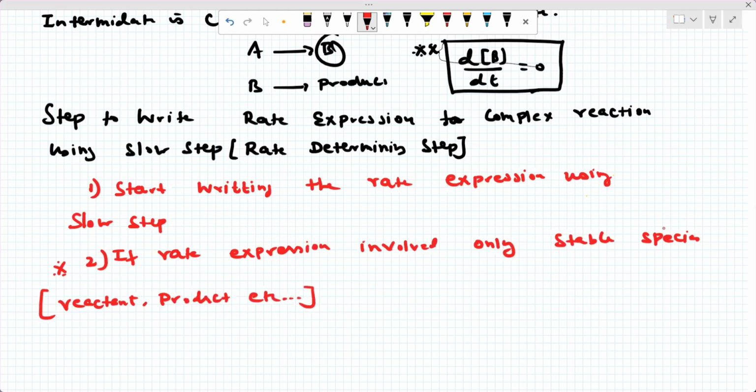Suppose in the rate expression there is a reactive intermediate, we have to change the concentration of the reactive intermediate to a stable concentration using SSA.